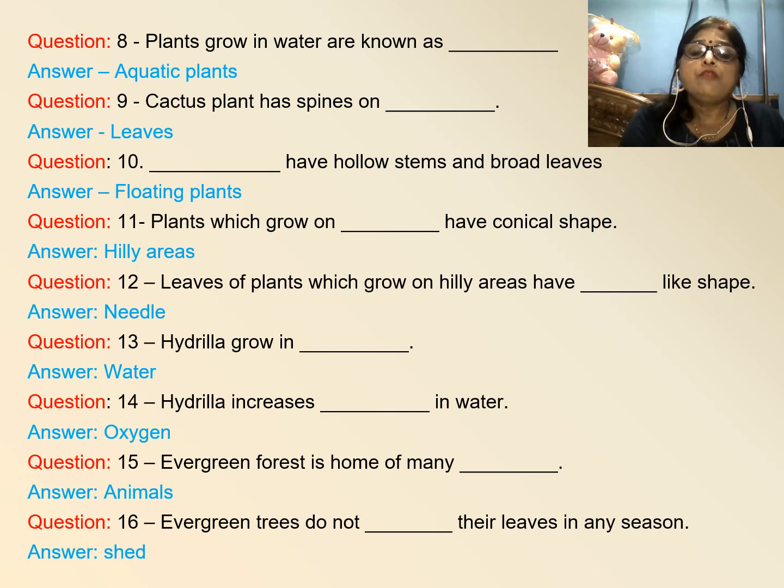Leaves of plants which grow on hilly areas have needle-like shape. Hydrilla grows in water. Hydrilla increases the oxygen in water. Evergreen forest is home of many animals. Evergreen trees do not shed their leaves in any season.